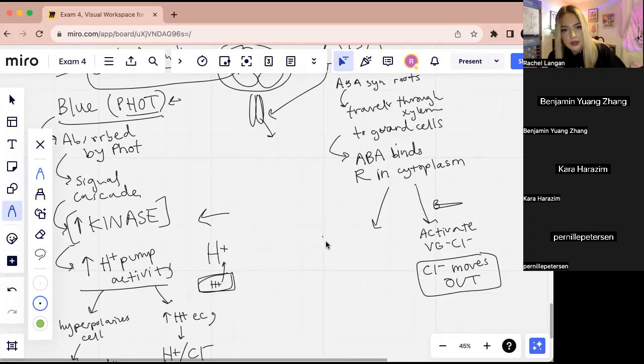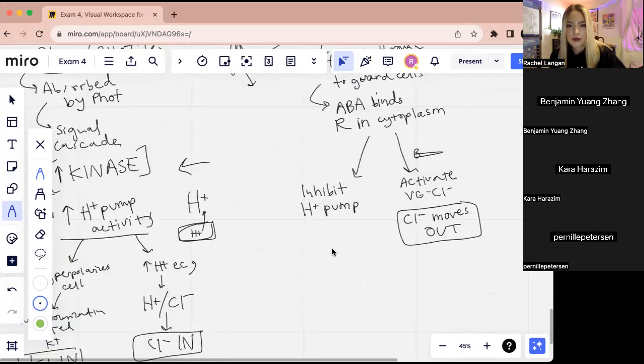The other thing it's going to do is actively inhibit the hydrogen pump. So not only do we not activate the pumps and hyperpolarize the cell, but we actively turn them off. So that's going to depolarize the cell.